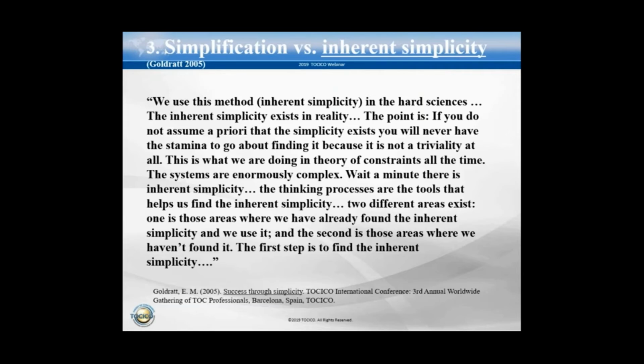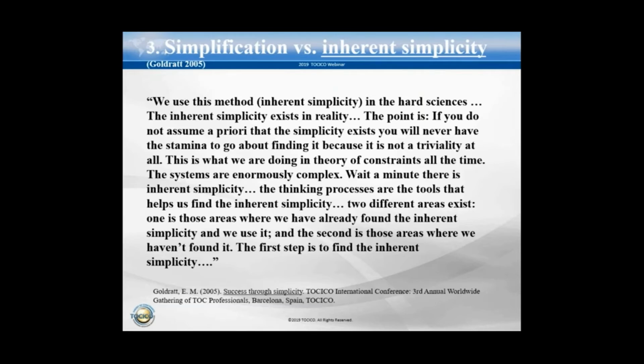Two areas exist. One is those areas where we have already found the inherent simplicity and we just use it. In other words, if somebody's already applied the thinking processes to a given area, there's no need for us to go back and start from scratch.